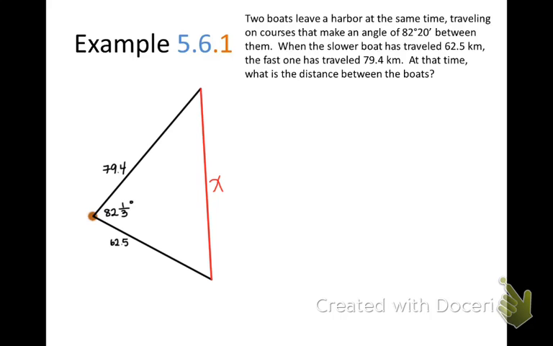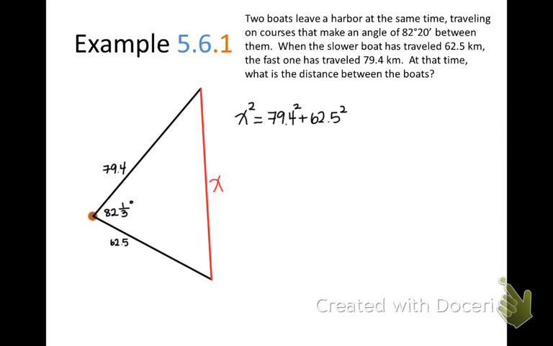Okay, so if I have this side angle side business, I can set up something that looks like Pythagorean theorem, right? So it's going to look like x squared equals, can you help me out? Yep, 79.4 squared. So at this point I should be writing something that looks like Pythagorean theorem plus 62.5 squared. Notice that that really looks like Pythagorean theorem, right?